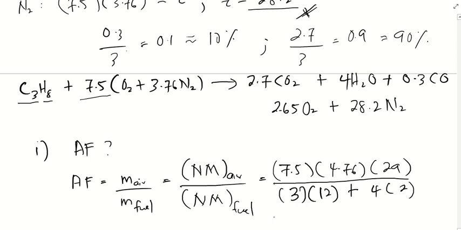From there you're going to get the value of air to fuel ratio is 25.53 kg air per kg fuel.